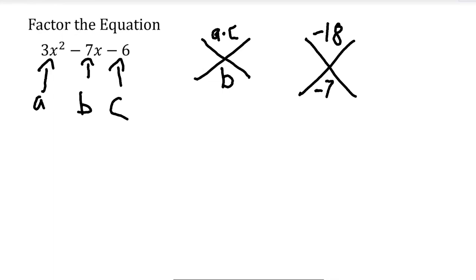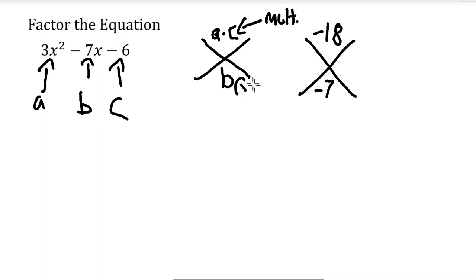So what does this mean? You need to find two numbers, two factor numbers, that multiply together to reach this number and add together to get this number.